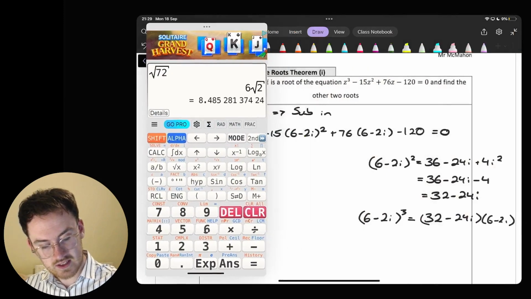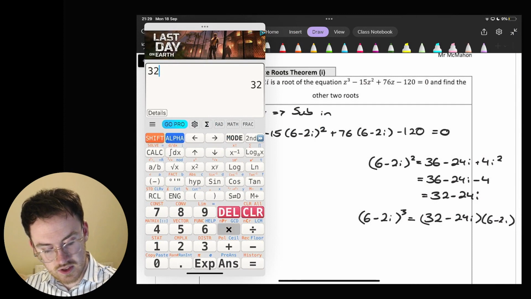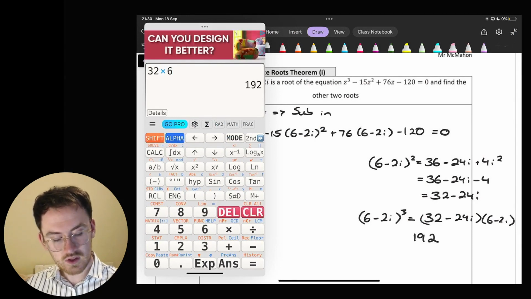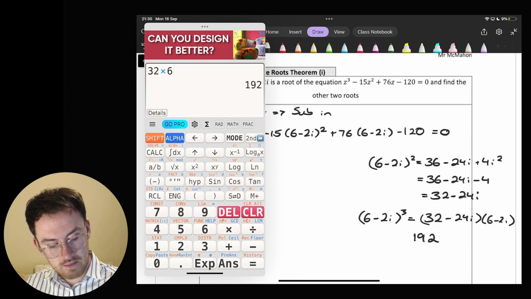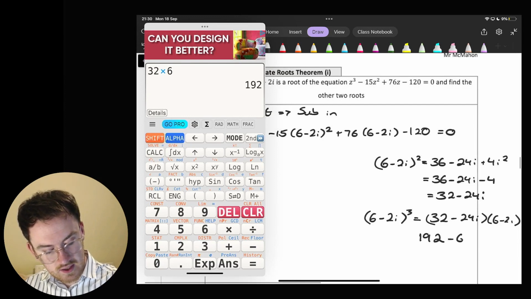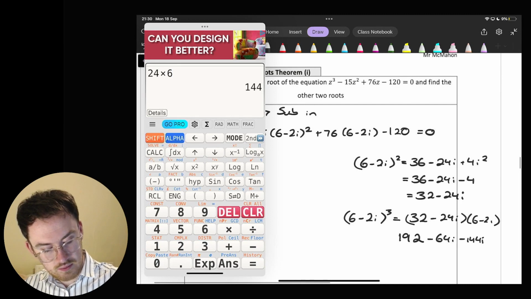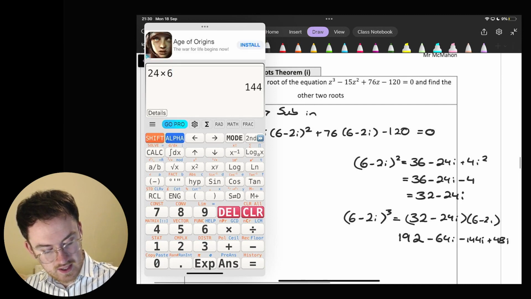So 32 by 6 gives me 192, 192 minus 64i, minus 24 by 6 is 144i, and then plus 48i squared.